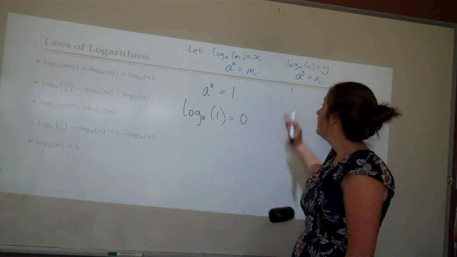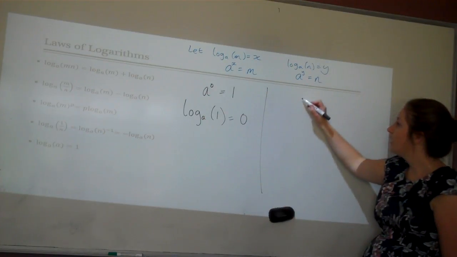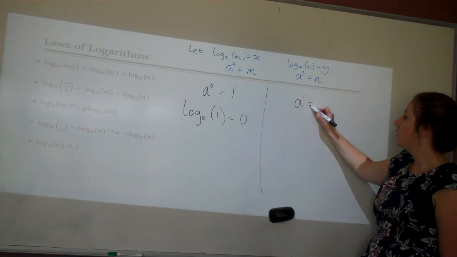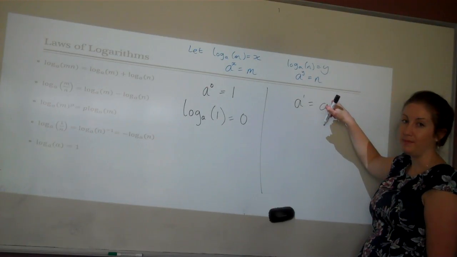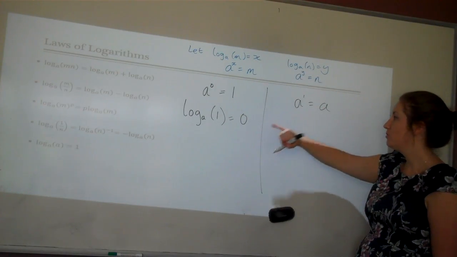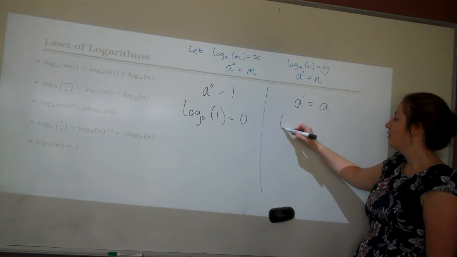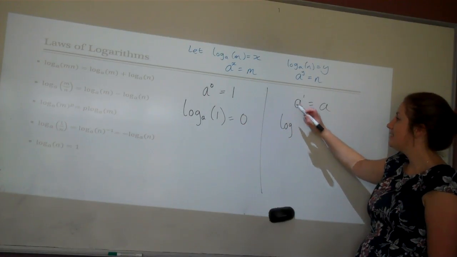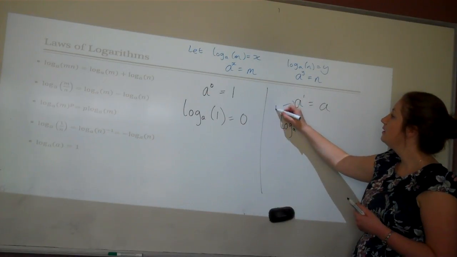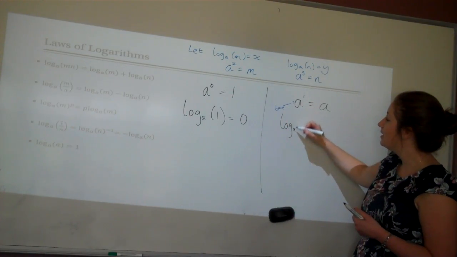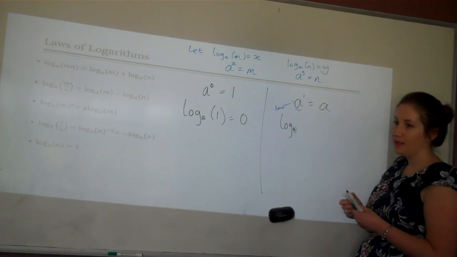If we take the fact that a to the power of 1 equals a, because remember, whenever it's not written, the power is 1, and we convert this to a log equation, we take log, our base is a, so this is our base. This is what we're going for here.